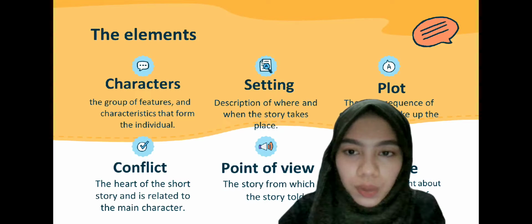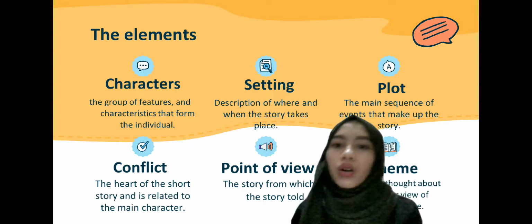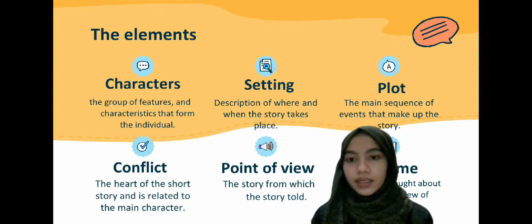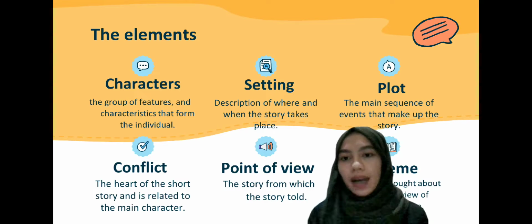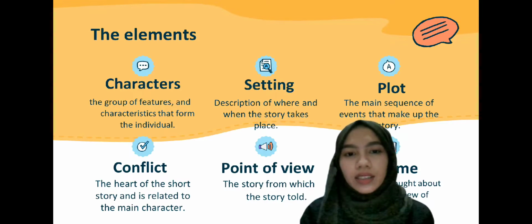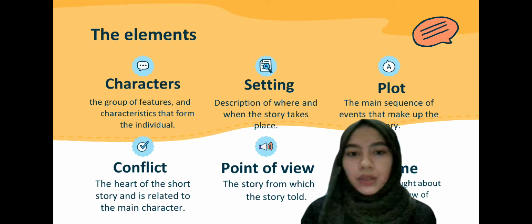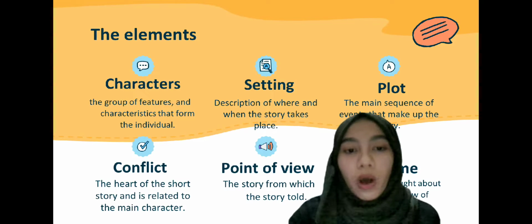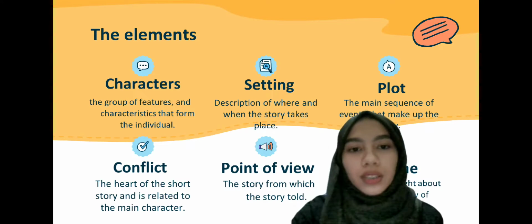And next is plot. So, plot, as you know, is the main sequence of events that make up the story. A plot is the sequence of events that make up a story, whether it's told, written, filmed, or sung.